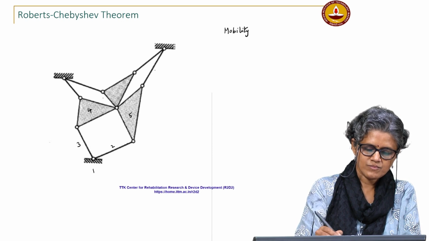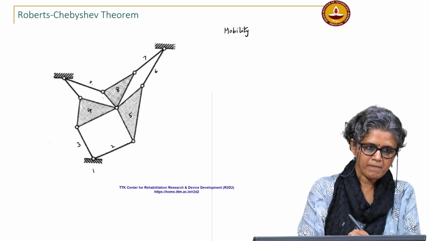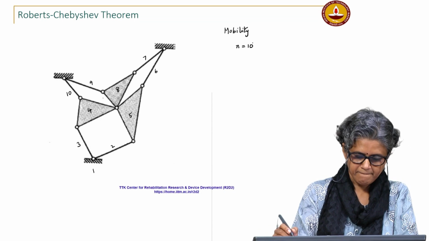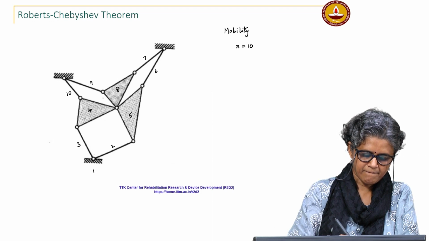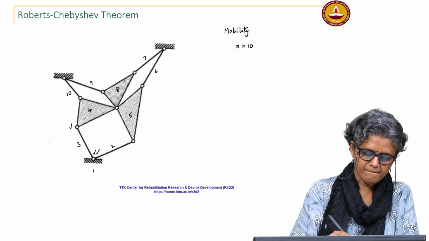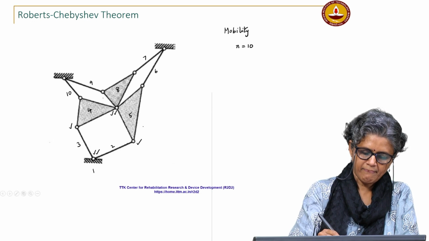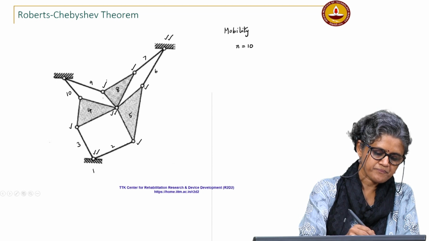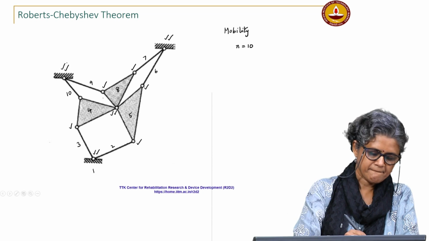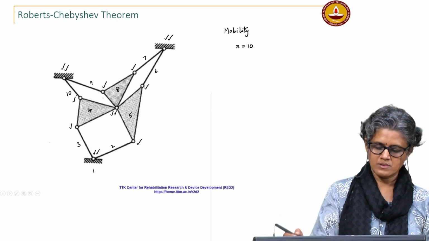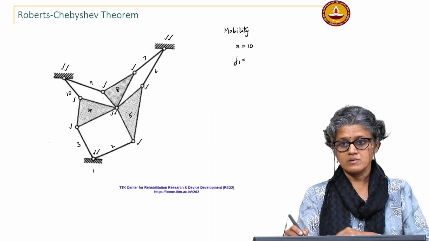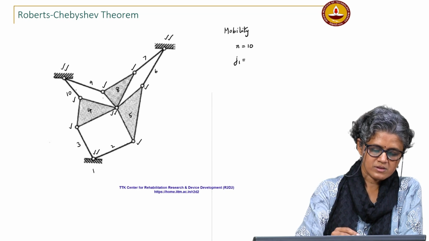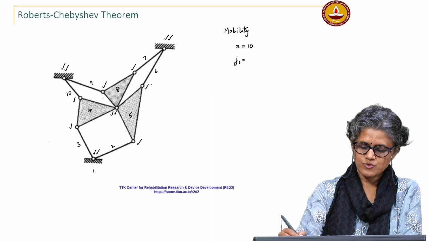What do you get? What is J1 equal to? 14?